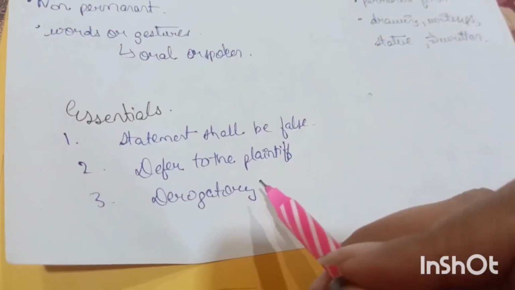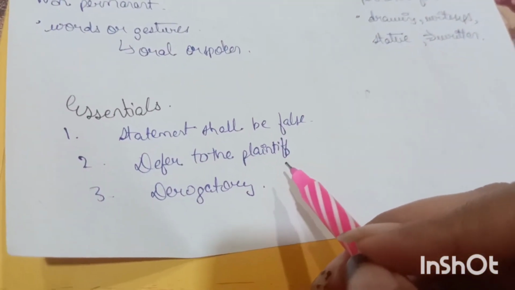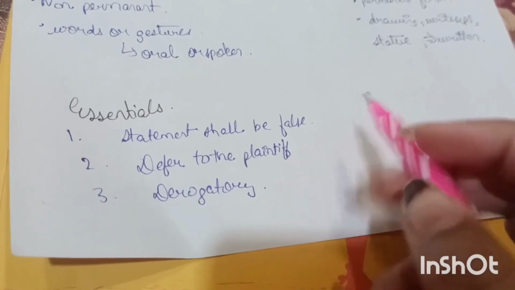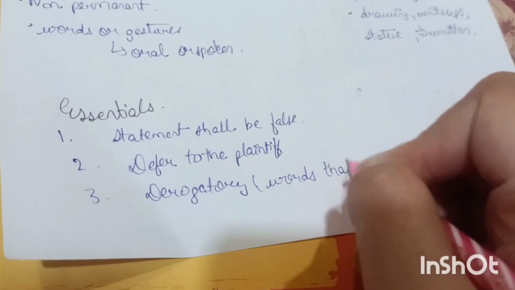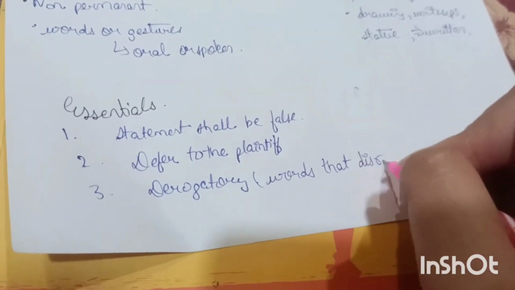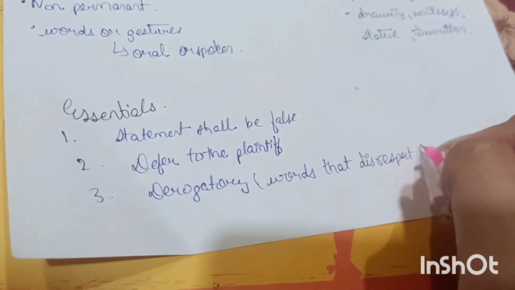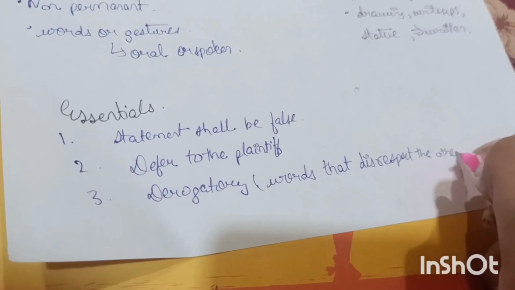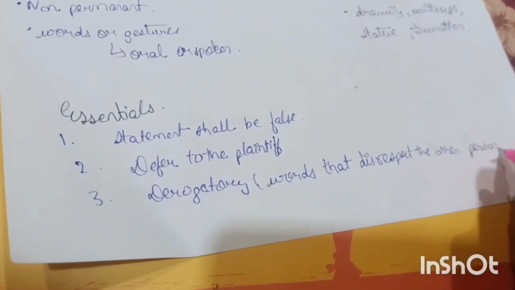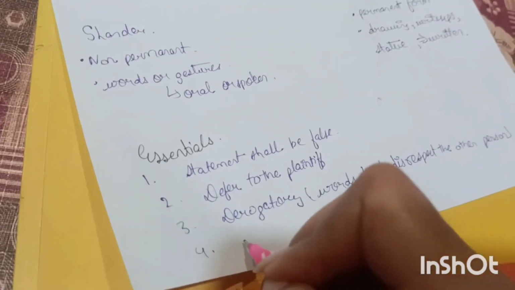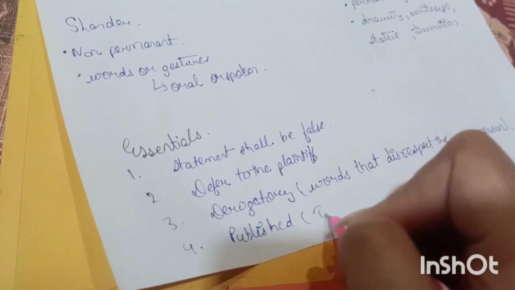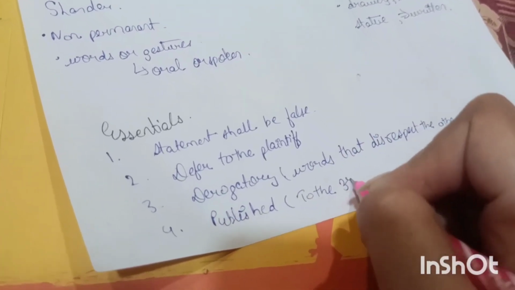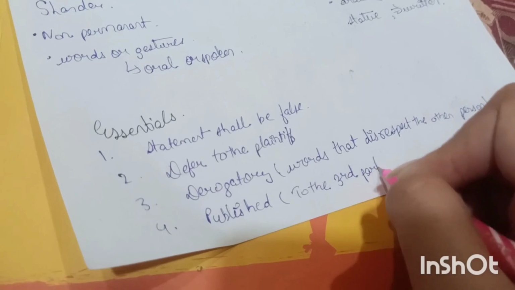Derogatory means words that are used to disrespect someone, words that disrespect the other person. And the fourth one is it should be published to the third party.